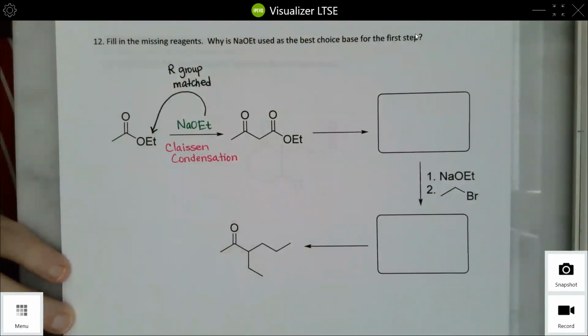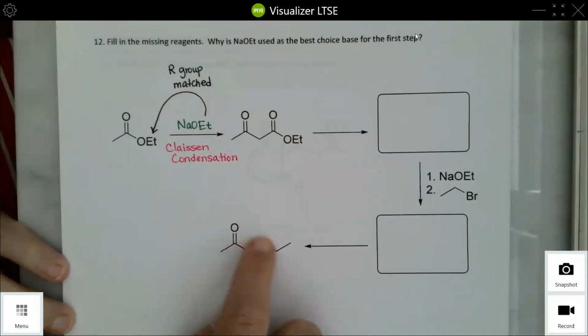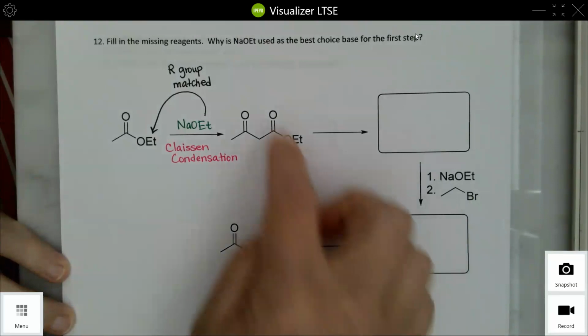Okay, moving on, we need to figure out what sequence of reactions is going to produce this ketone. So what we need to do is add these carbon-based groups. We need to add an ethyl group and we need to add a propyl group. This goes away as CO2 later on.